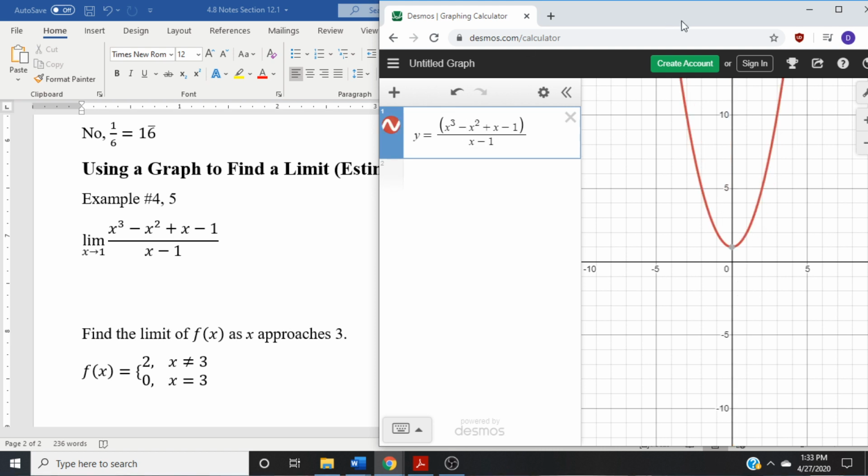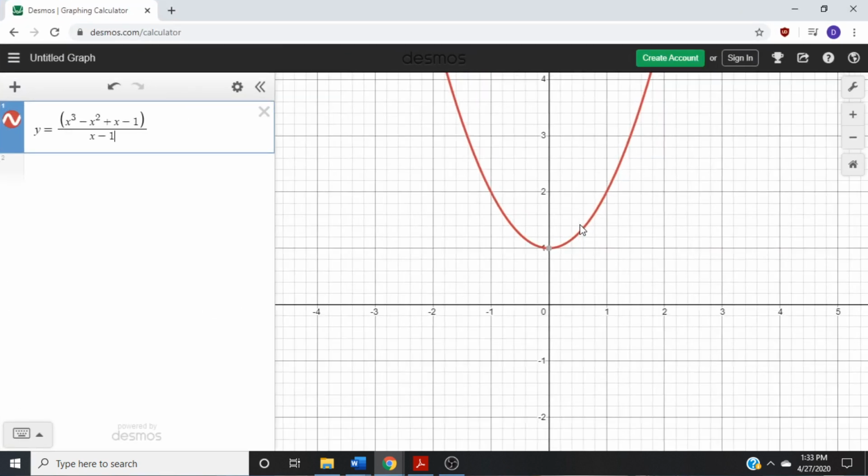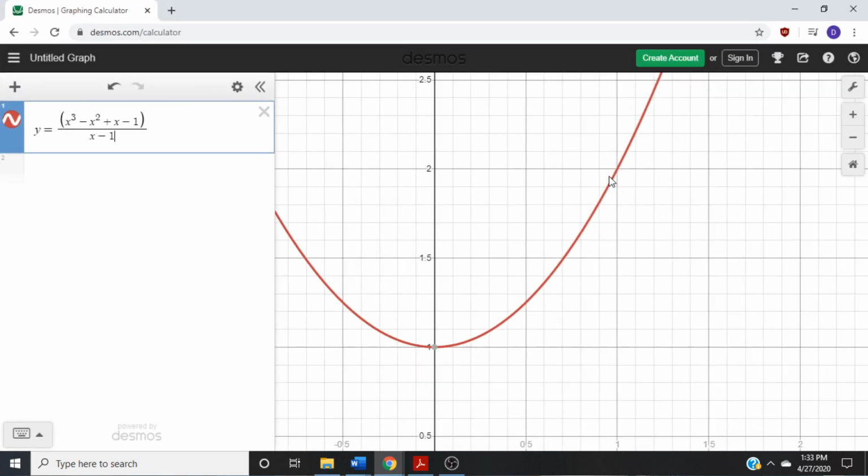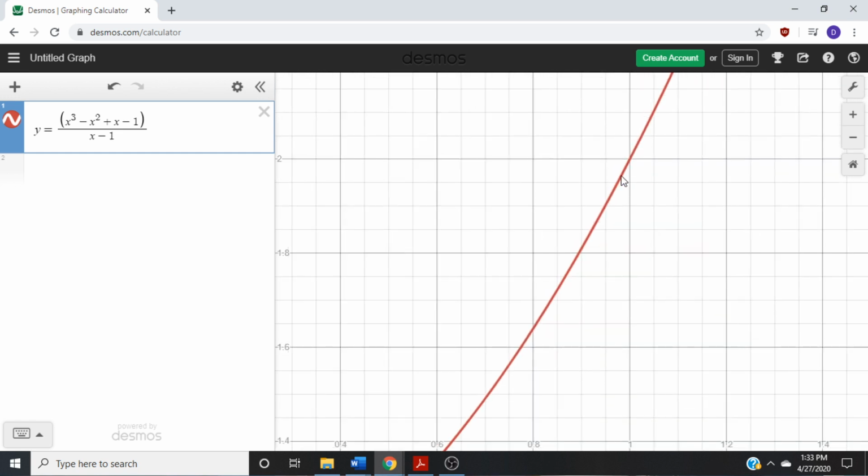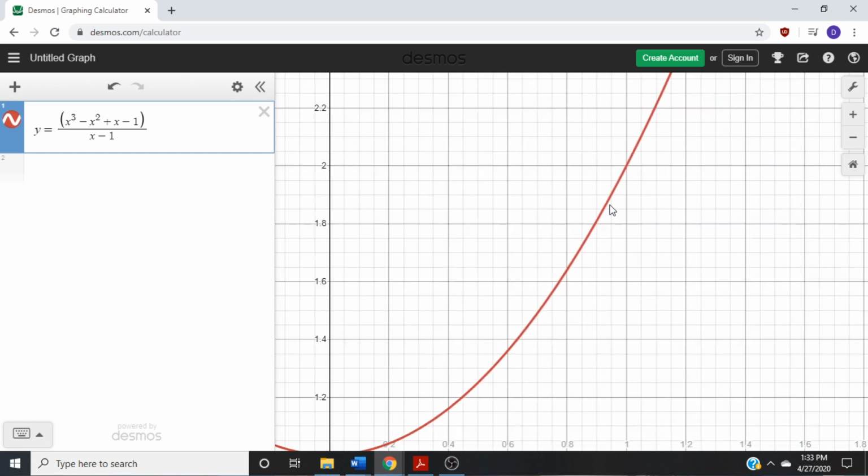We're going to do the limit as x approaches 1. We're going to zoom in. Here's 1. As we approach 1, we're going to see we're getting closer to something.